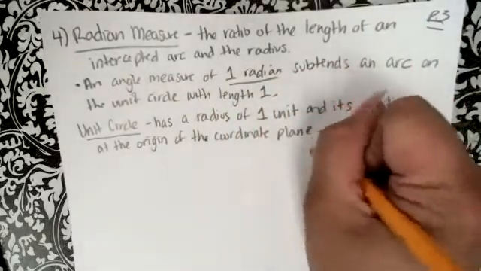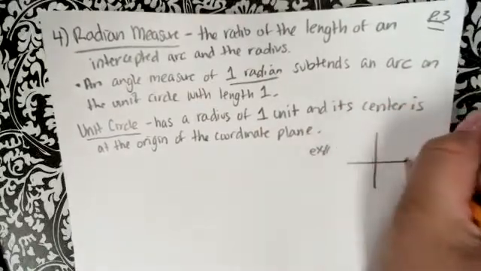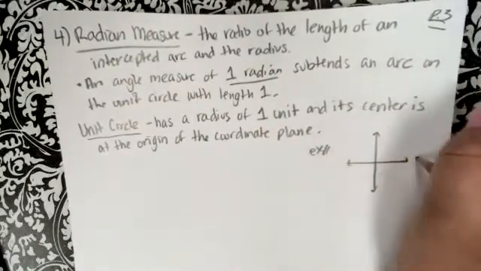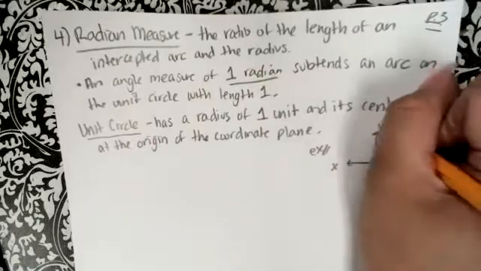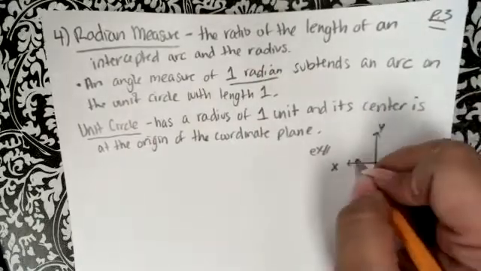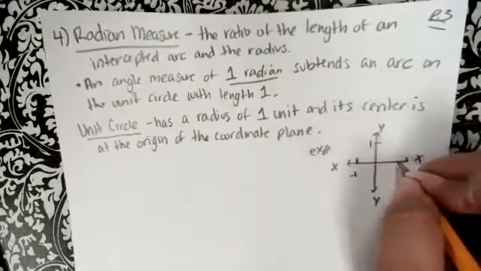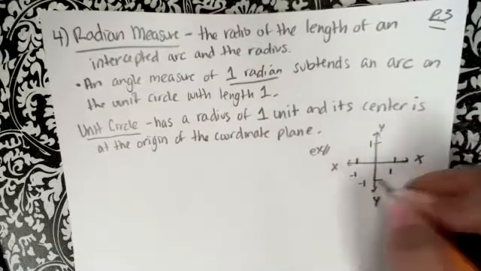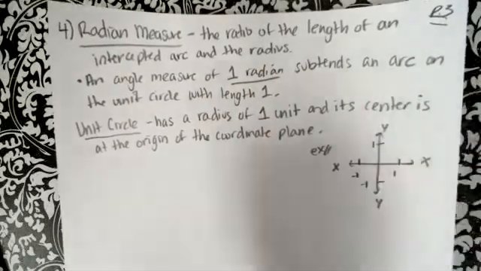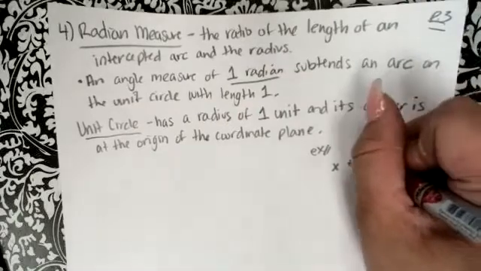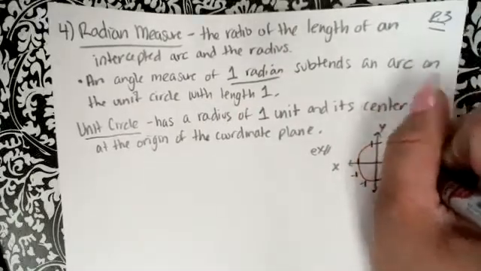So for example, this is our x-axis, this is our y-axis. I'm going to go to -1, +1, +1, -1. The unit circle has a radius of 1.